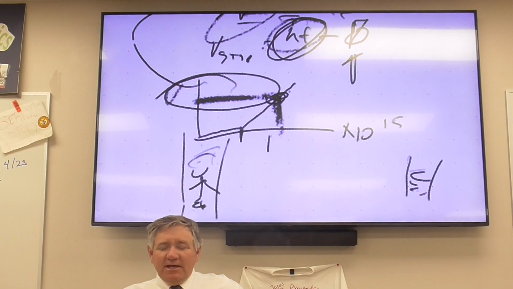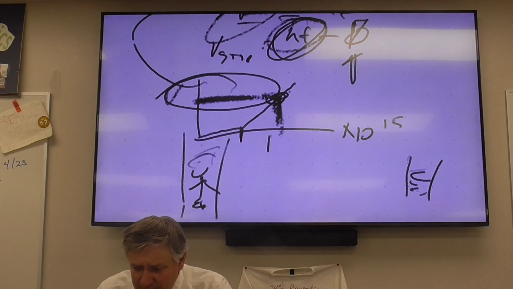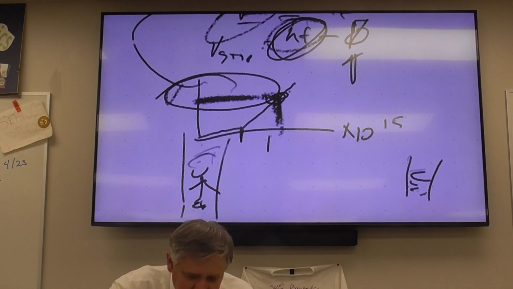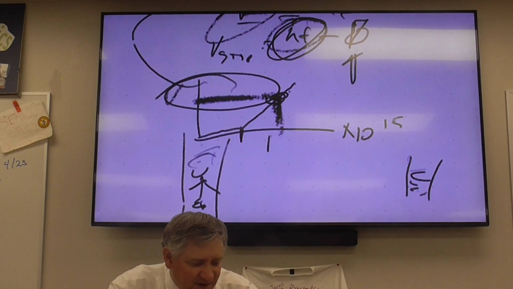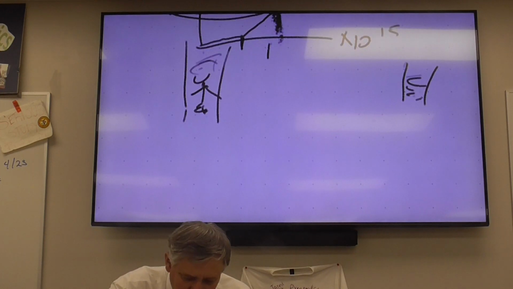Okay, any questions on the assignment? 45. Why is it times 2 on 45? On 45? Yeah, 45. Okay. So you've got the Heisenberg uncertainty principle, right?